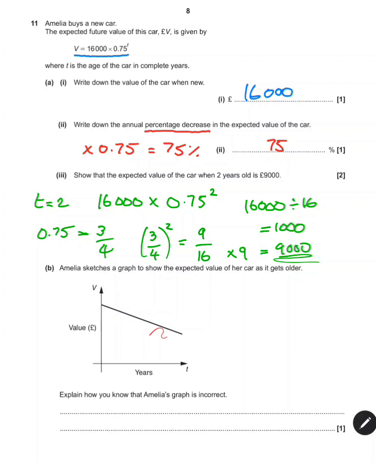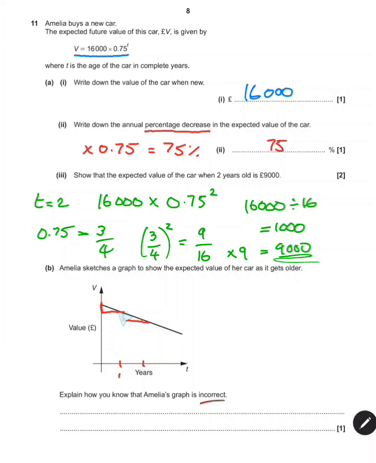Question B, Amelia's got a graph of her car depreciating, and we're explaining why it's incorrect. Well, this graph shows, let's say after 1 year, the value has dropped by this much. After 2 years, it's dropped by the same amount.